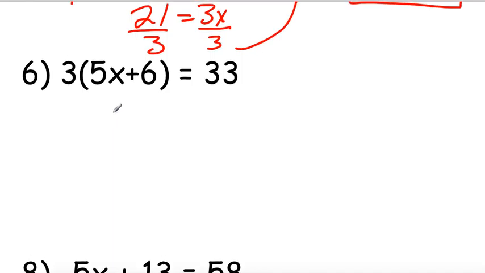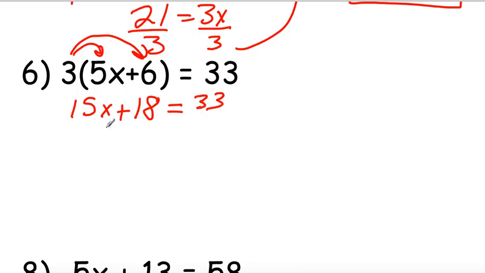Number 6 is a distributive property problem. So the first thing I want to do is make sure that everything is distributed properly. So I'm going to multiply 3 times 5x and 3 times 6. So that will be 15x plus 18, because 3 times 5 is 15, 3 times 6 is 18, equaling 33.